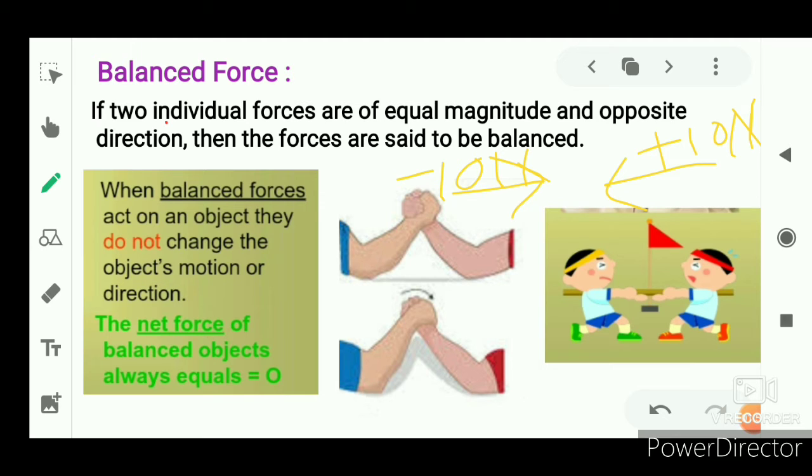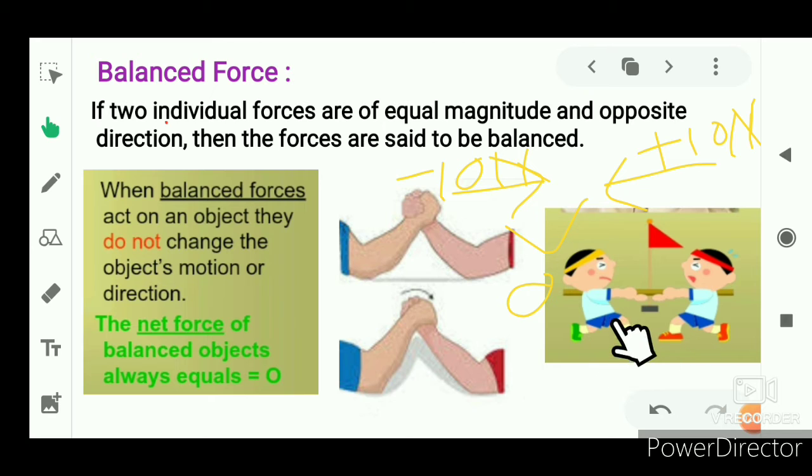One is minus, one will be of positive sign. So the net force will be minus 10 plus 10 equals 0. This is just an example. The net force of a balanced object is always 0. The net force acting on the object will be 0.